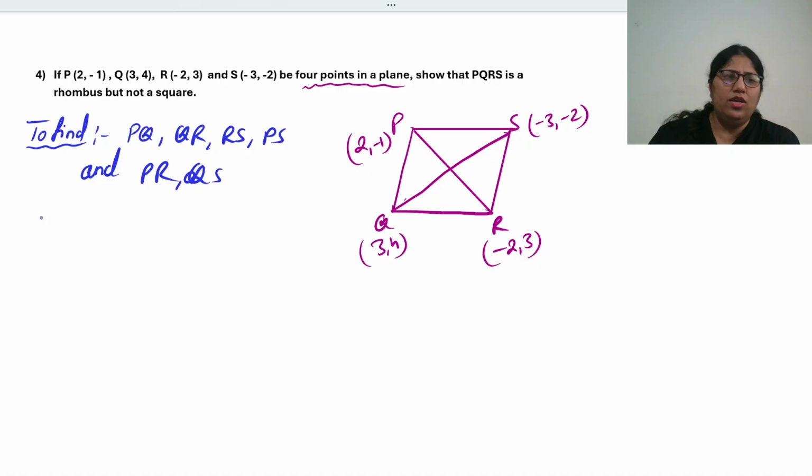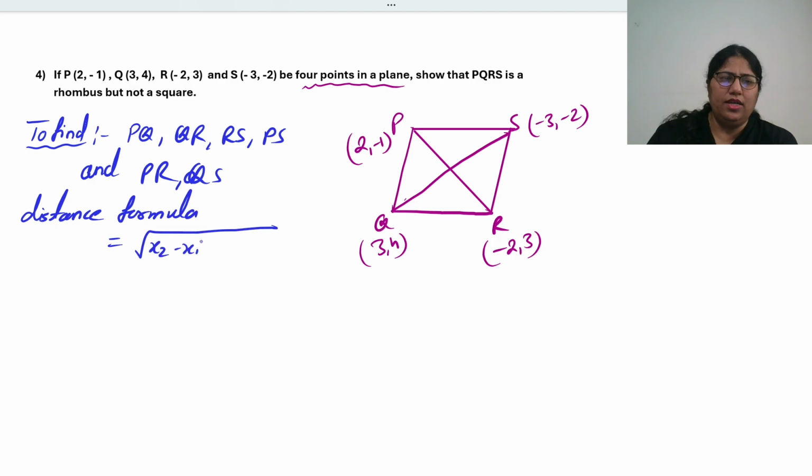So again, we are going to use the distance formula. What is the distance formula? Write it down one time before using it. It is the square root of (x2 minus x1) whole square plus (y2 minus y1) whole square, right? So let us first start with the PQ length.